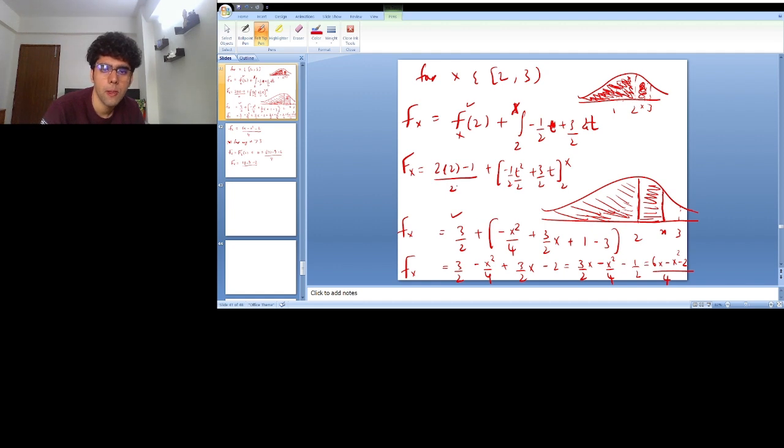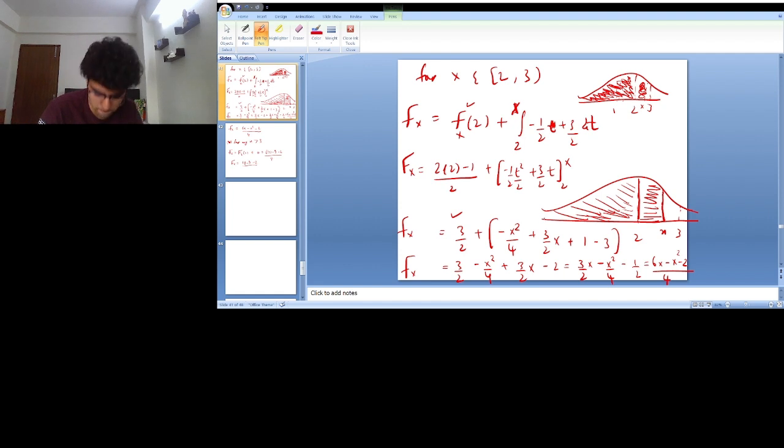Let me just check. 2 into 4, 4 minus 1, 3 by 2, this is a negative sign, right? Minus x square by 4 plus 3 by 2x minus 1 plus 1 minus 3 should give me 3 by 2 minus 2, minus 1 by 2. So my expression should be correct.